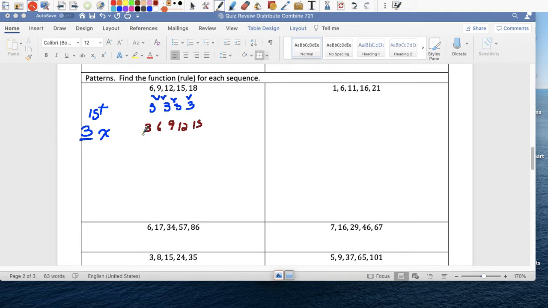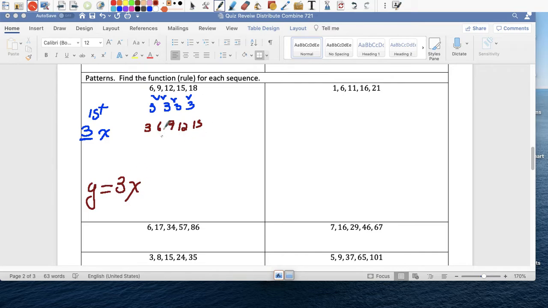So notice that we need our sequence to be 6, 9, 12, 15, 18. So I need my first term to be a 6, not a 3. So how do I adjust? So far we know that our answer is this, but it's not a 3x sequence, right?